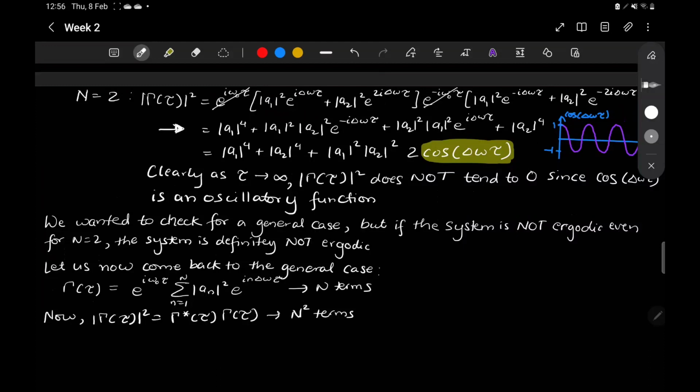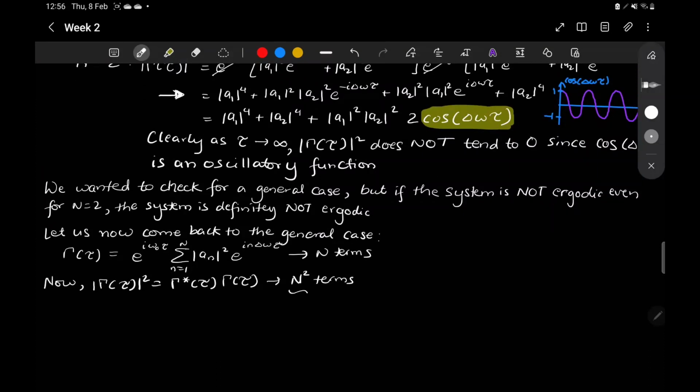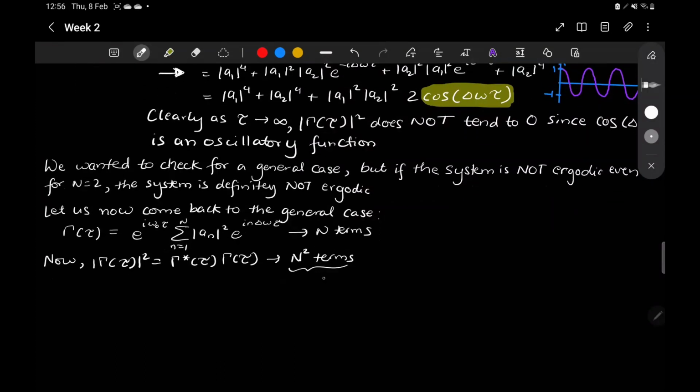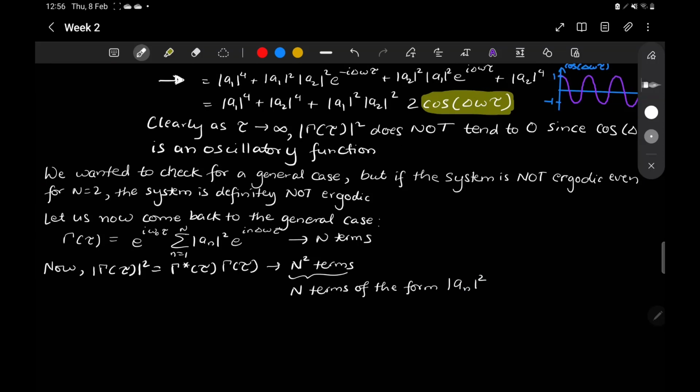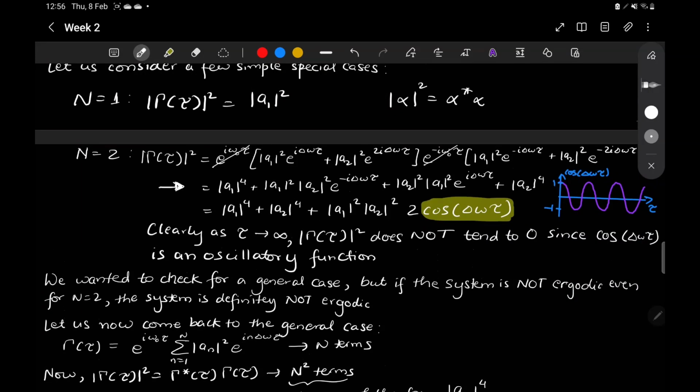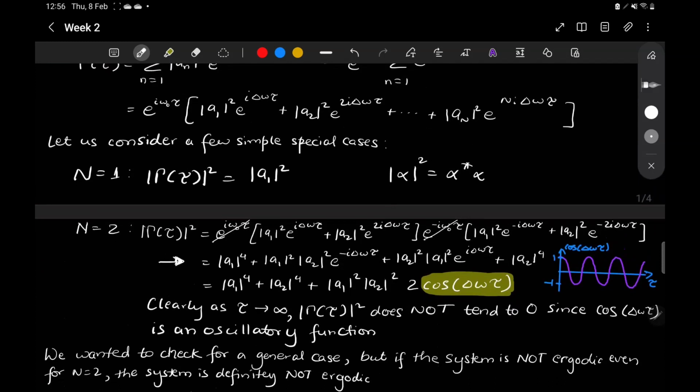Now out of these n squared terms, you will have n terms of the form mod an to the power 4. As you saw here, for n equal to 1, we had one term with mod a1. Sorry, this should have been to the power 4.